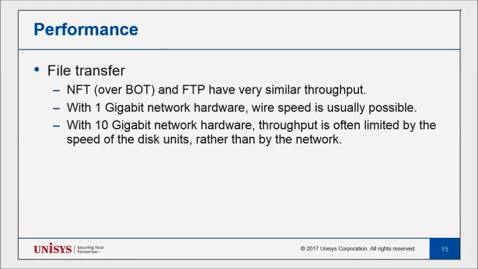With 1 gigabit network hardware, you can usually achieve wire speed. With 10 gigabit network hardware, all the tests we've run show the speed limited by the disk units rather than the network.